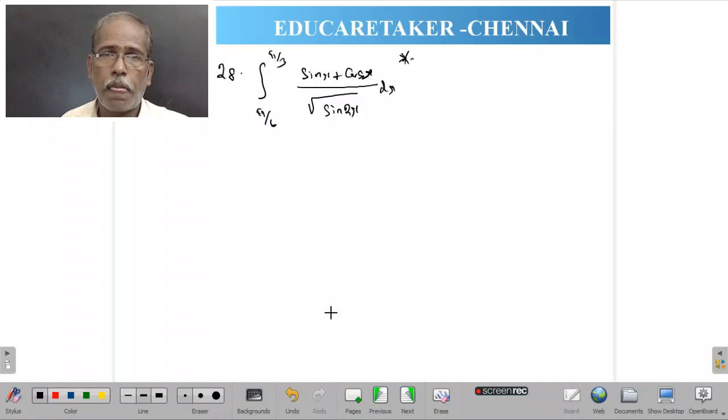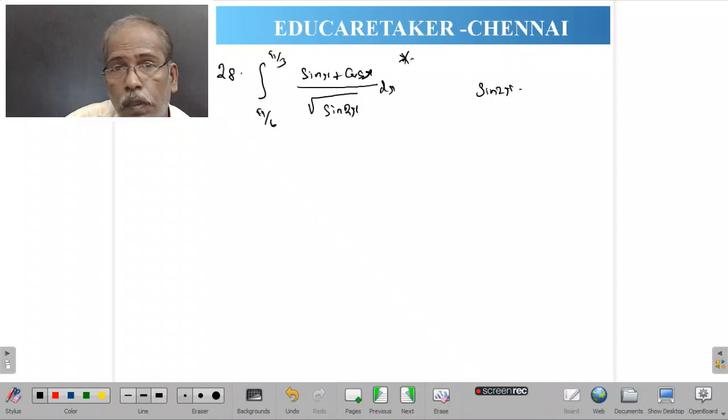Dear student, whenever you come across the combination of sin x plus cos x and sin 2x, or sin x minus cos x and sin 2x, the sin 2x should be written as a function of sin x minus cos x. The numerator in terms of sin x plus cos x means sin 2x should be written in terms of sin x minus cos x.